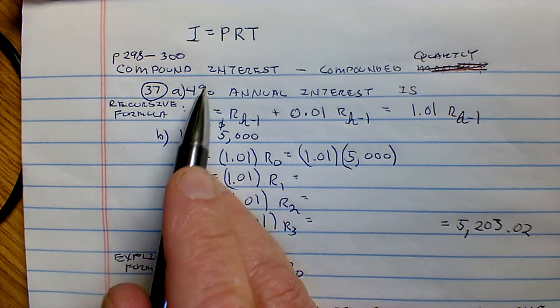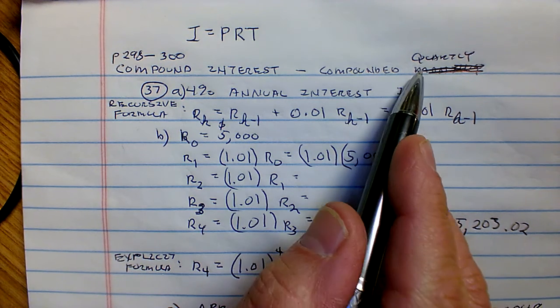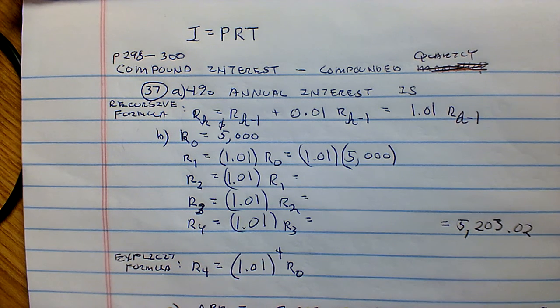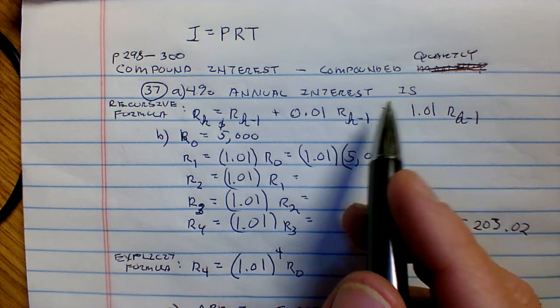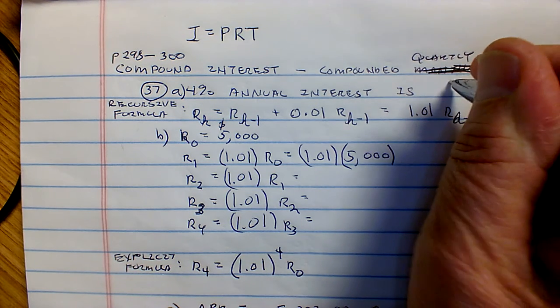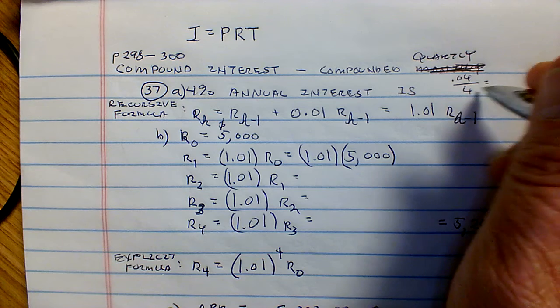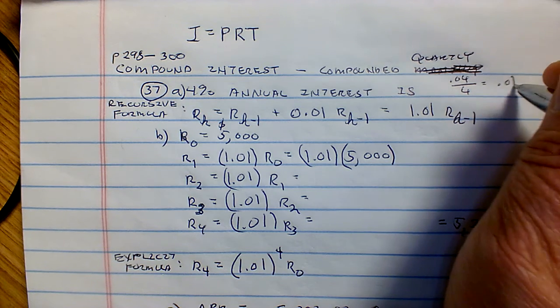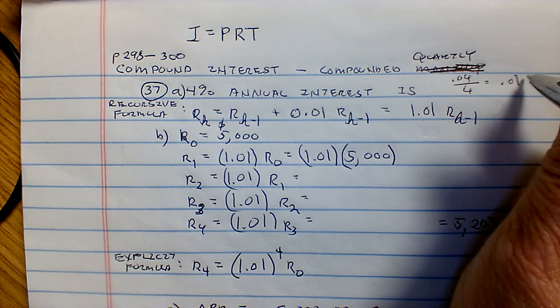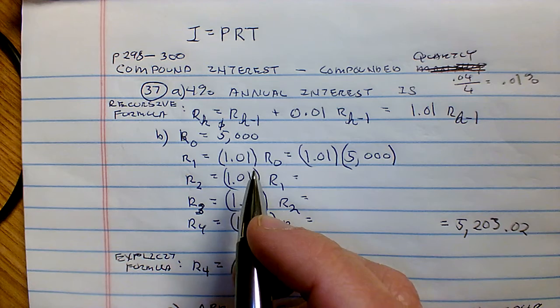They gave us easy numbers. So we're going to take 4%, divide it by 4, and basically we're getting 1% every quarter. That's going to happen 4 times a year.